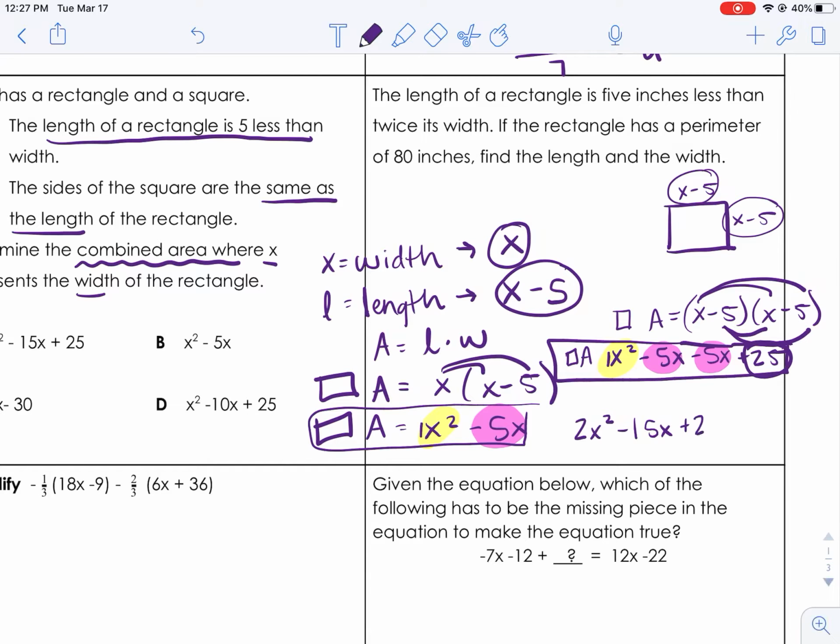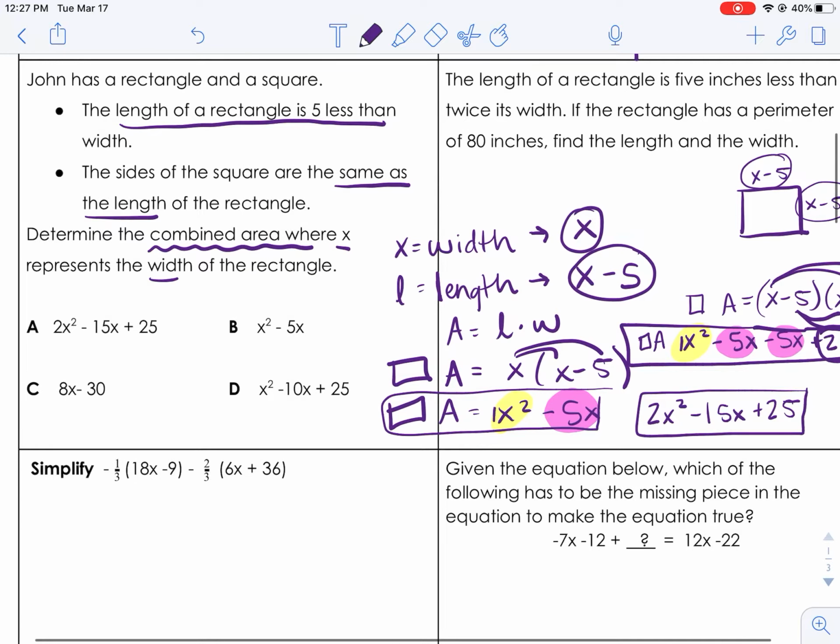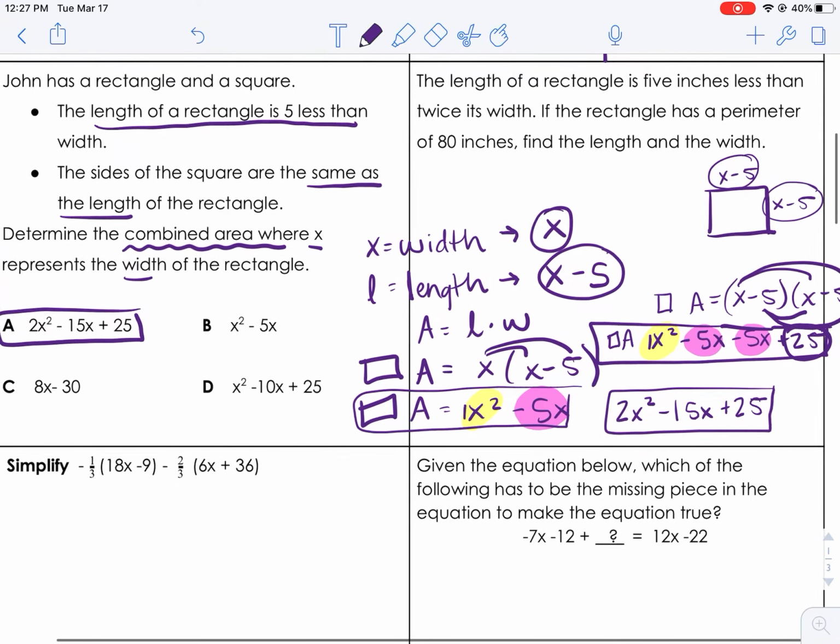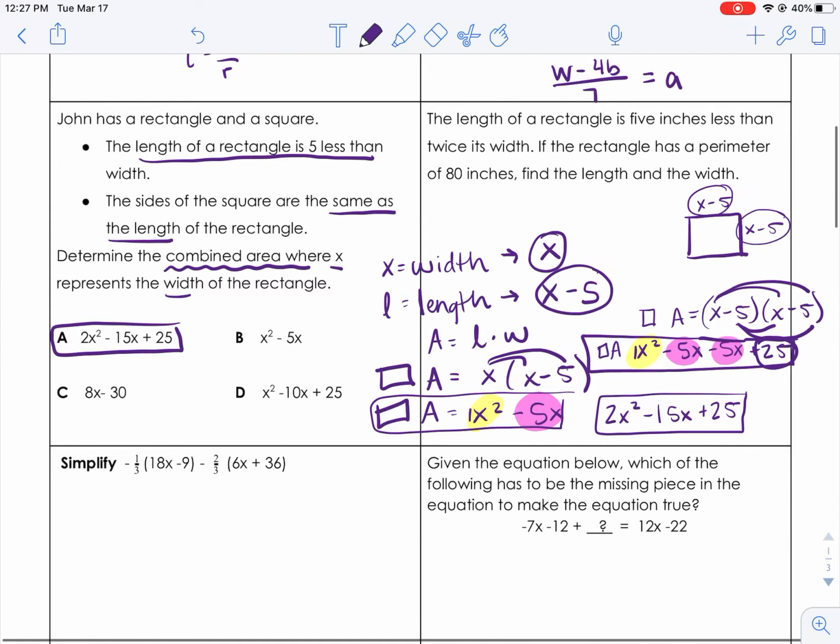It's going to be positive 25. So our combined area is going to be 2x squared minus 15x plus 25, or A. So go ahead and get that down. I'm going to move it out of the way so that we can do our next problem.